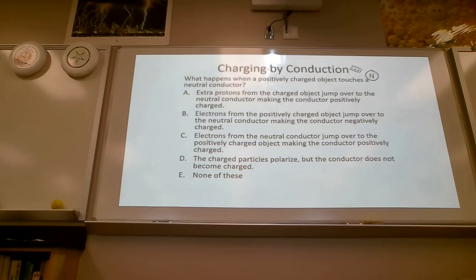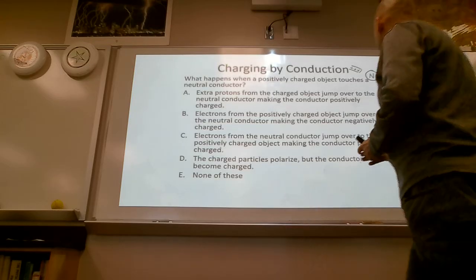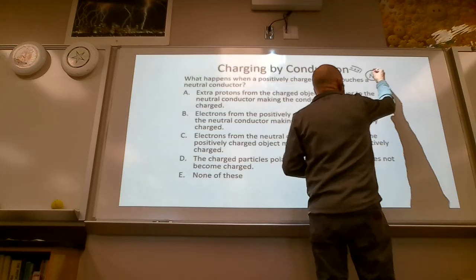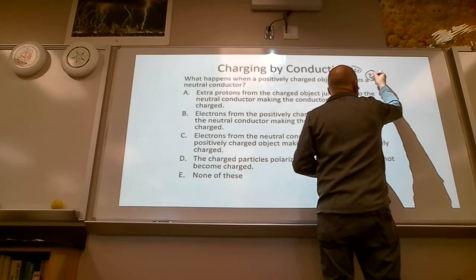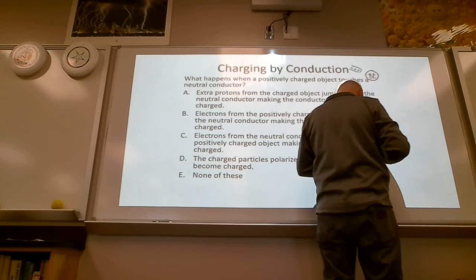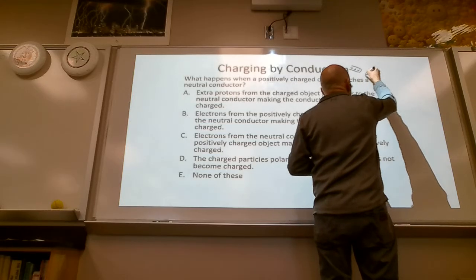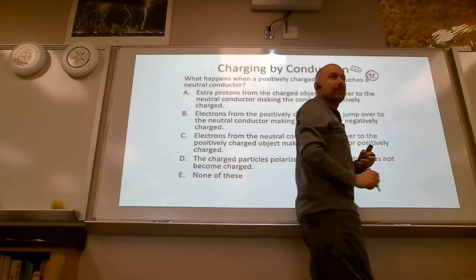Correct answer is, what do you say? Correct answer is C. Okay. So, protons stay put. Electrons are like, look at all those protons.